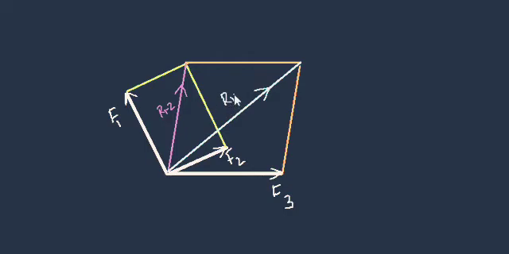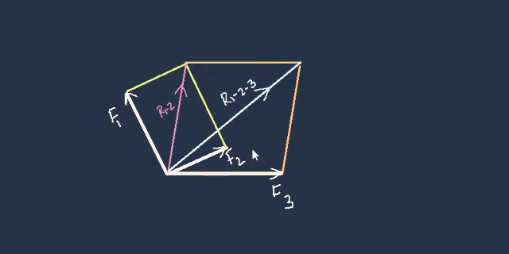So this is R123. And if you have another force, then just use R123 and the fourth force to find the resultant of all these forces together. So by successively using parallelogram law, you can find the resultant of any forces.